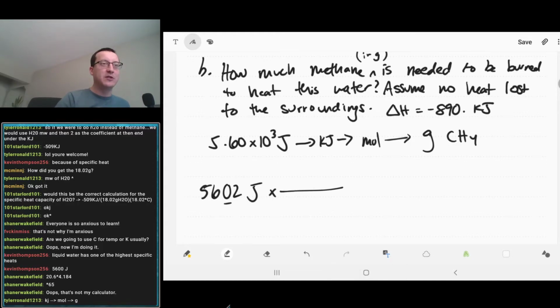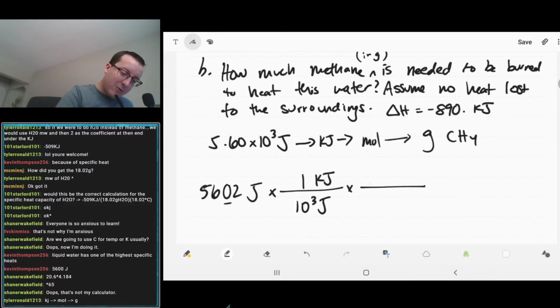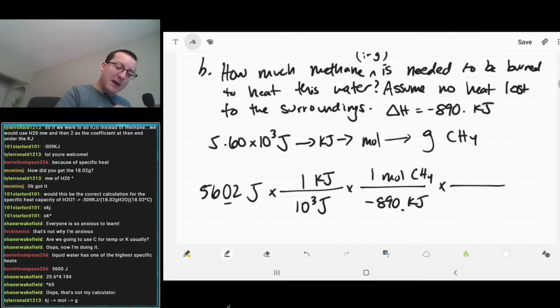Conversion between kilojoules and joules is 10 to the 3. We have here our delta H, CH4. And since I asked for grams, we're going to have to use our molar mass. Remember, this is our unit conversion.